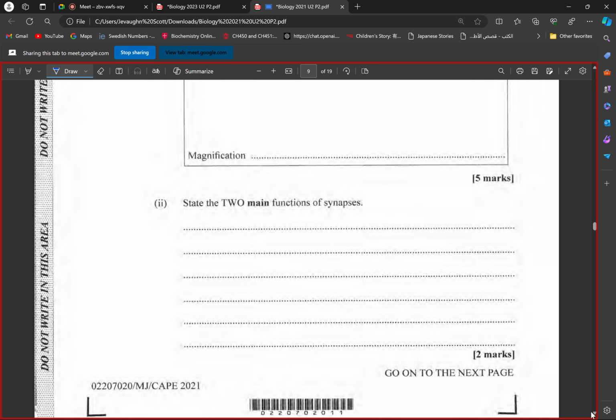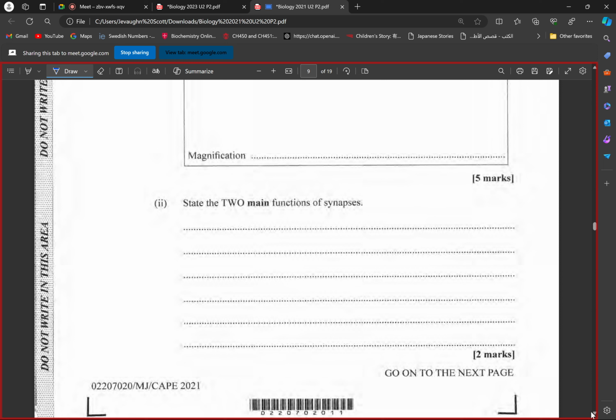I guess that's one thing. Also it allows for the transmission of nerve impulses between neurons, and it allows for one-way transmission. Based on what we learned, it can go both ways. So I think it allows transmission in one direction, one way. All right, that's fine.